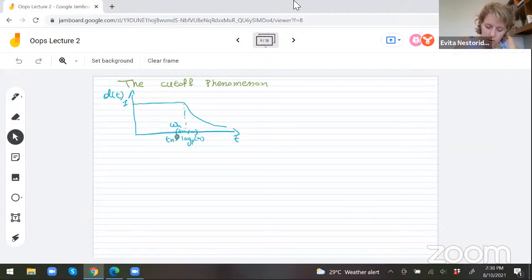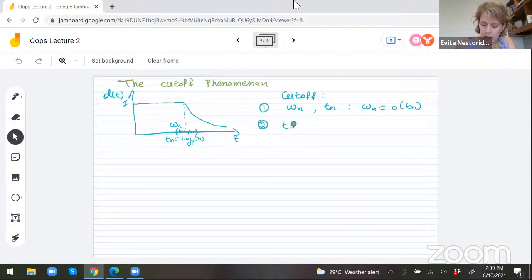So the cutoff phenomenon usually is described by two equations. The first one is that we have two quantities that depend on the size of the configuration space, W_n and T_n, with the property that W_n is little o of T_n, so smaller order.